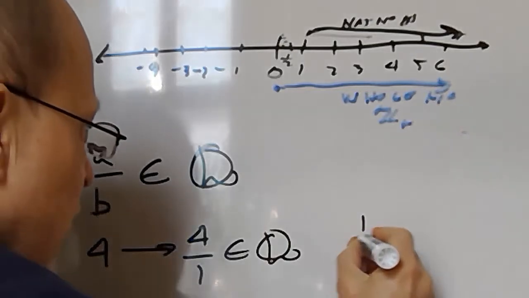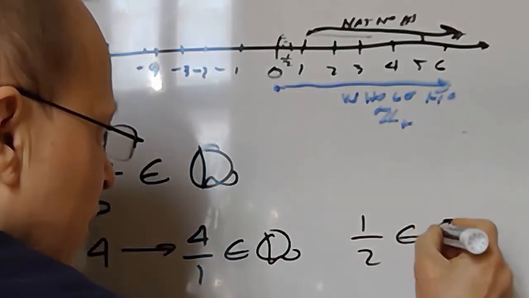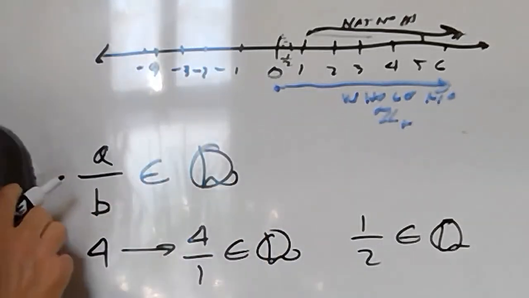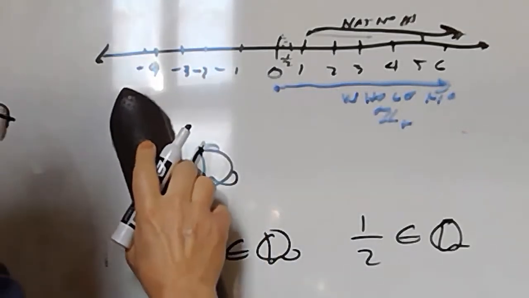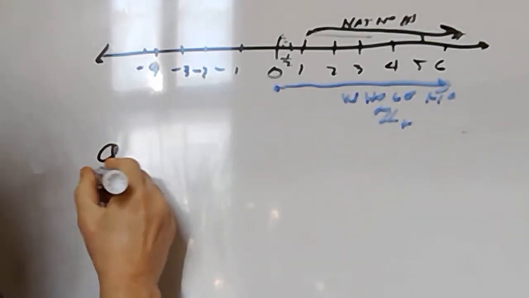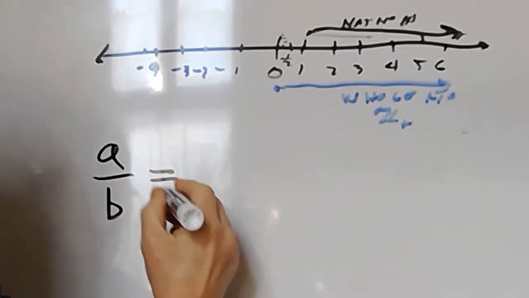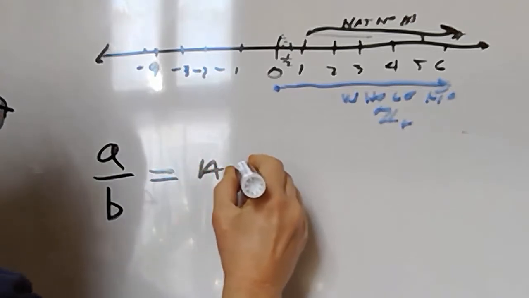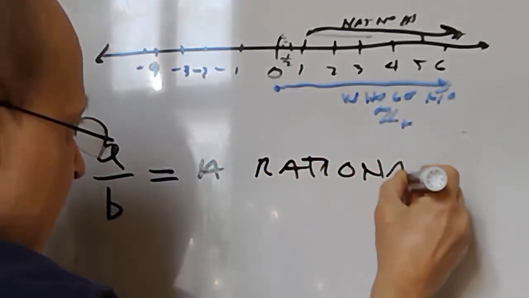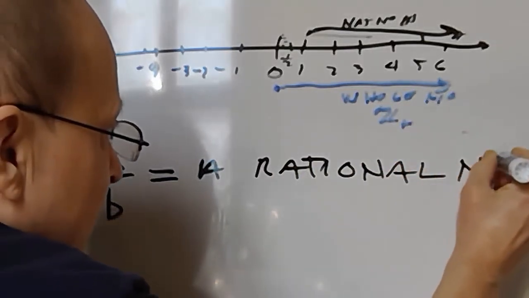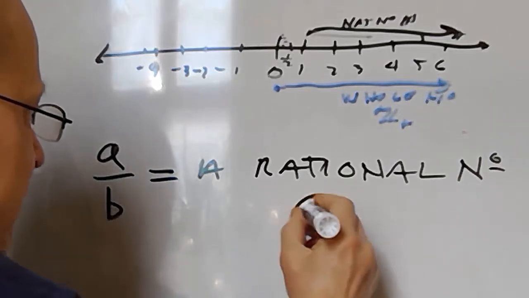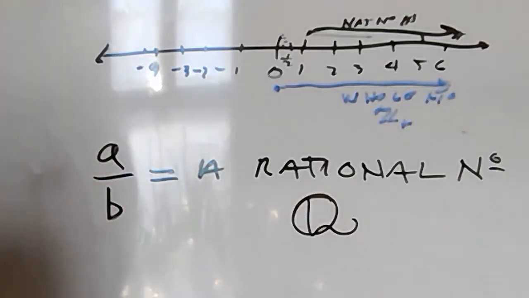But so is 1/2 a rational number too. So any number that you can write as A over B is equal to a rational number. And the symbol for rational numbers is Q.